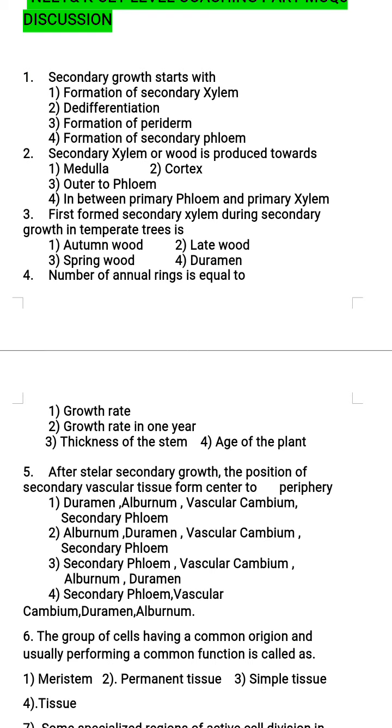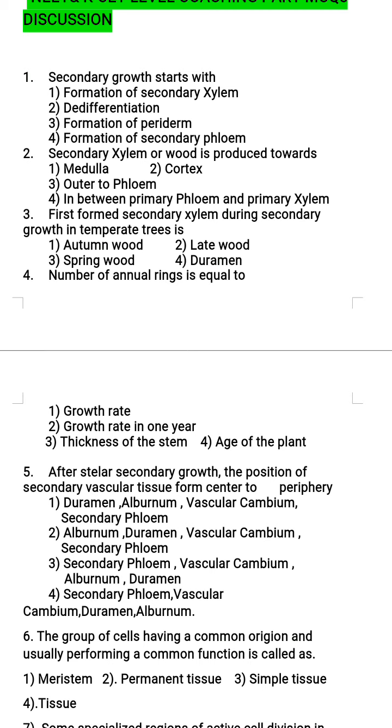Now let us discuss in detail these annual rings. The correct explanation for this question is as follows. The spring wood is lighter in color and has a lower density, whereas the autumn wood is darker and has a higher density. The two kinds of wood that appear as alternate concentric rings constitute an annual ring.